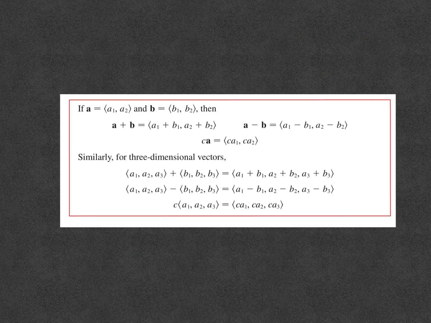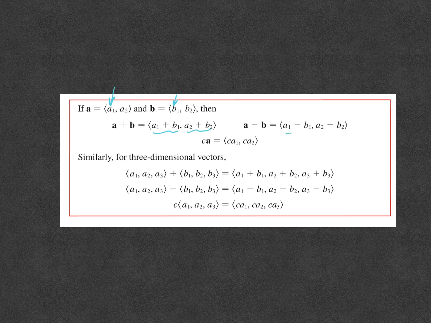So when we talk about adding vectors algebraically, we add them component-wise. That's the way we say it, component-wise. So look, we have A is A1, A2, and vector B is B1, B2. Notice they're in bold, so they don't need the vector notation. In a textbook, they can use bold, but on paper, we use vector notation. So then A plus B says we take A1 plus B1 for the first one, and for the second one, A2 plus B2.